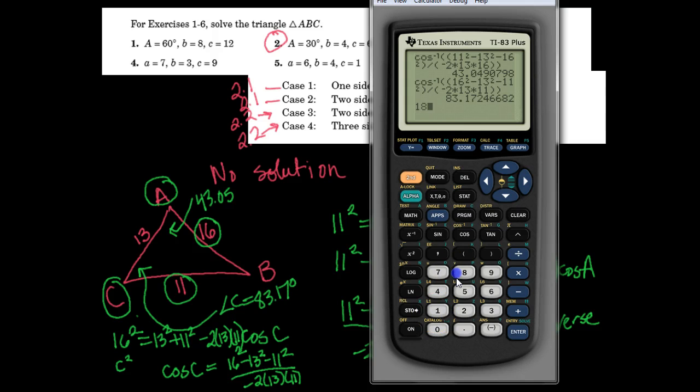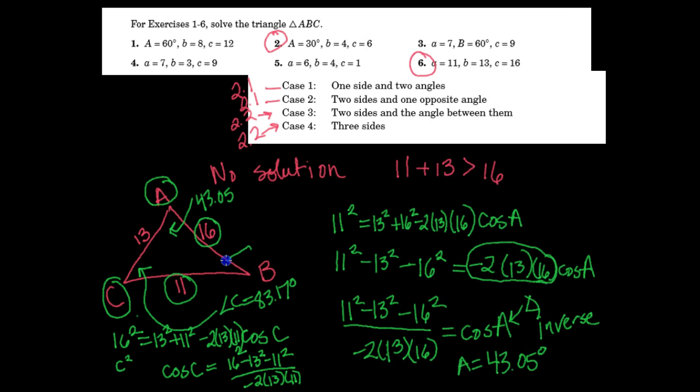So we've got 180 minus 83.17 minus 43.05. And what does that give me for angle B? Angle B is 53.33 degrees.